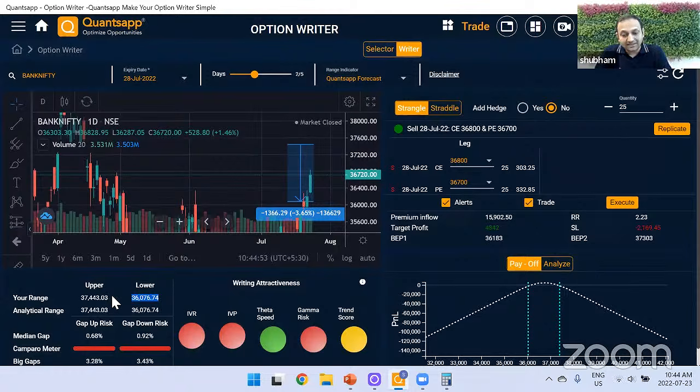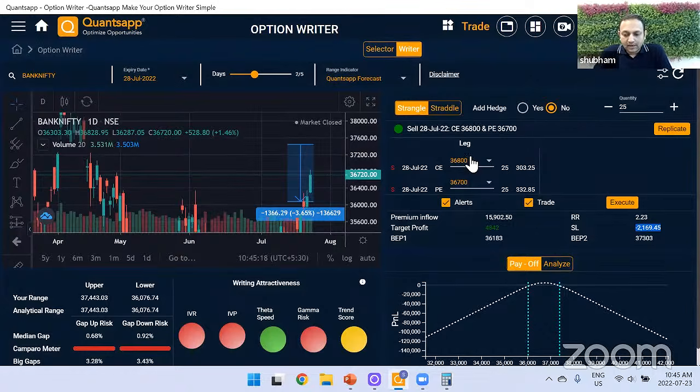That will basically mean that you go and sell 36,800 calls and 36,700 puts. If I do that, then on a per lot basis, I'll be able to make 4,840 rupees profit. And the risk that I'm holding, if my stop loss gets triggered, which is if this range gets triggered, then I'll lose 2,169, and that will be my stop loss, right?